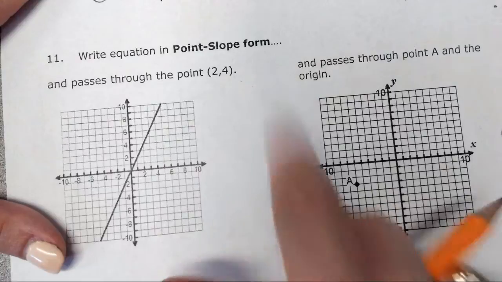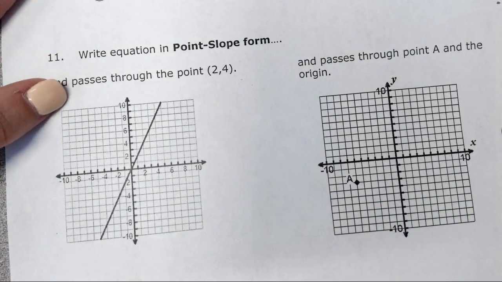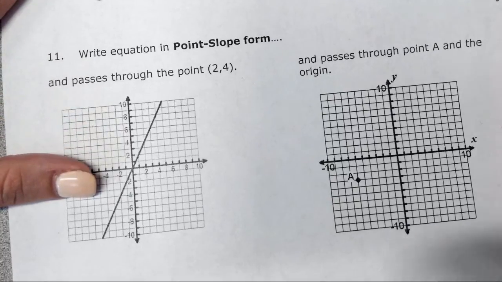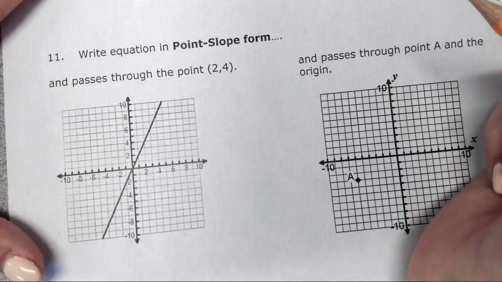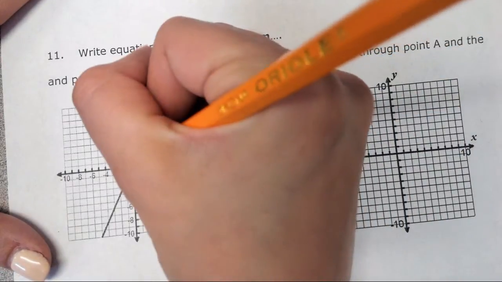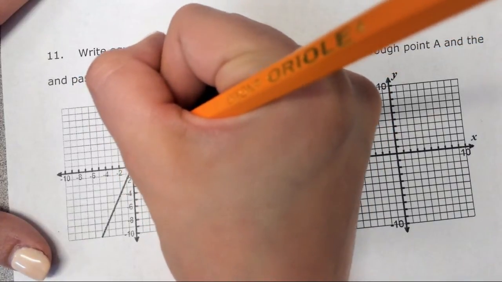Okay, 11. Write the equation in point slope form. Passes through the point 2, 4. Okay, so the slope here, it's going up 1, 2 over 1.